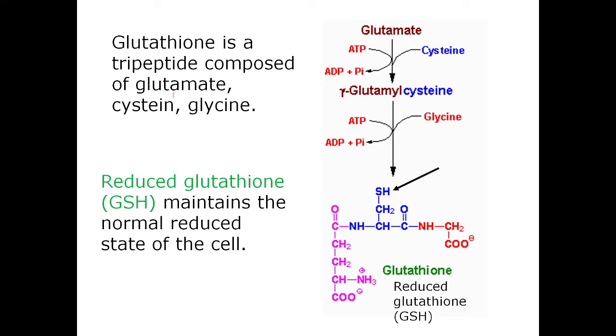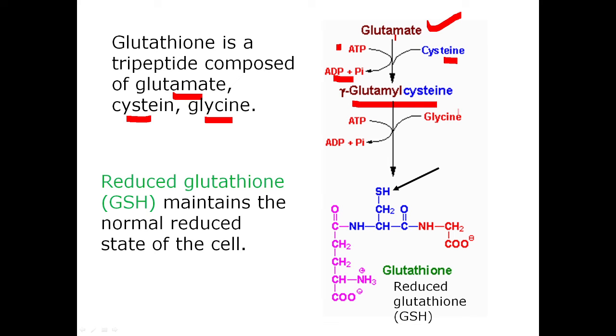Glutathione is composed of glutamate, which is one amino acid, cysteine, another amino acid, and glycine, another amino acid. So we have glutamate here in presence of ATP. This ATP gets converted into ADP and inorganic phosphate, and during this process glutamate and cysteine combine together and we get gamma glutamyl cysteine.